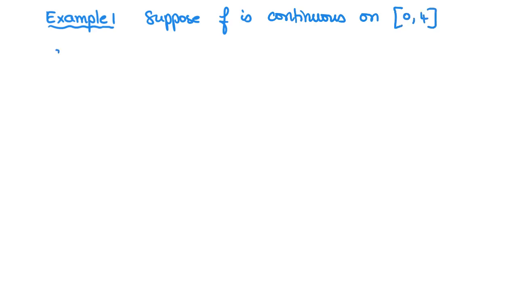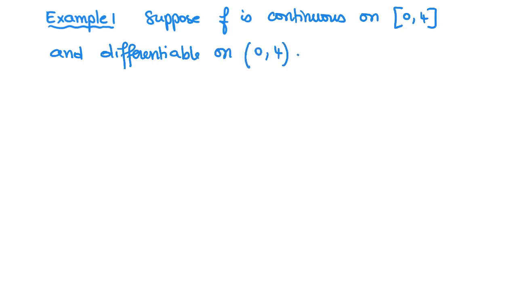I'm now going to take a look at two examples where we use the mean value theorem. So the first one is, suppose function f is continuous on the interval [0, 4] and differentiable on the open interval (0, 4).